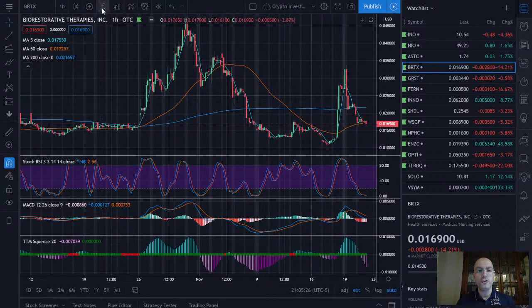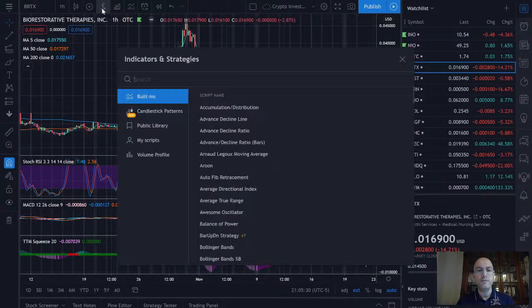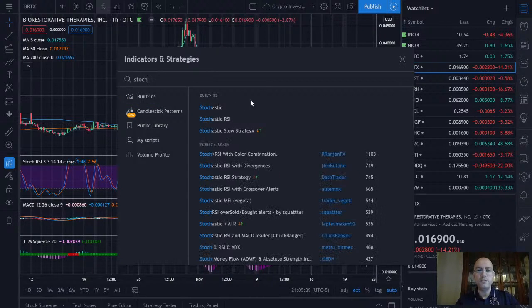So great questions. All I do is basically see where there is the function of x right here. All you need to do is look for stochastic RSI right here and just click on it and it will add it. Of course, it's added already.